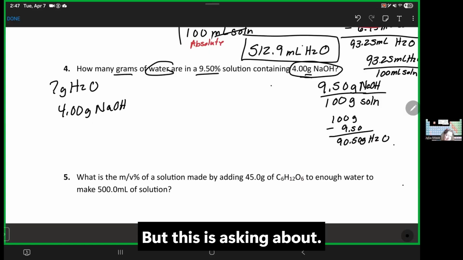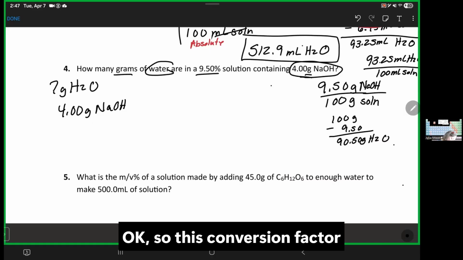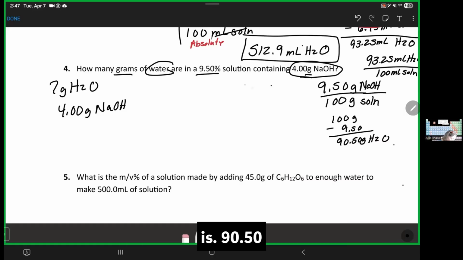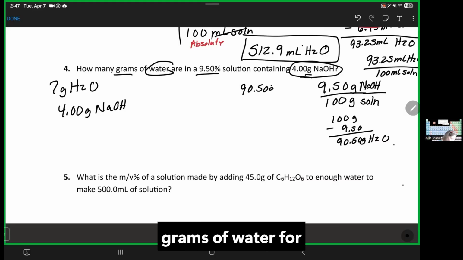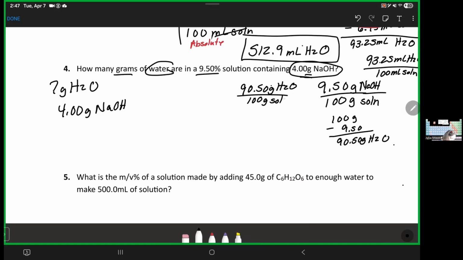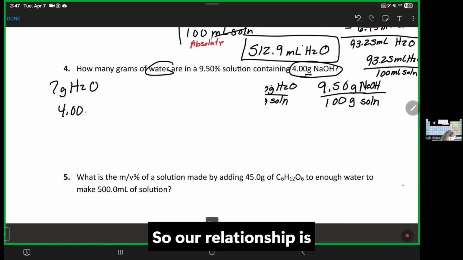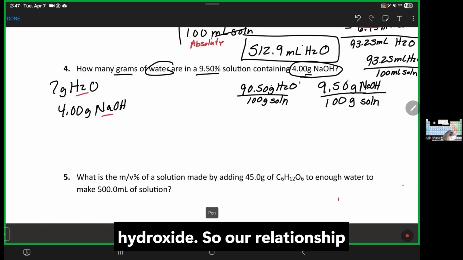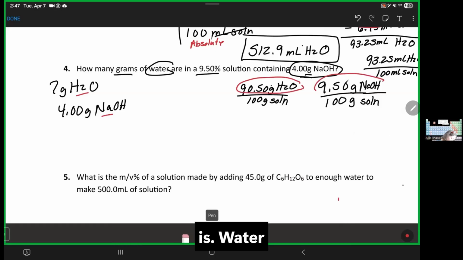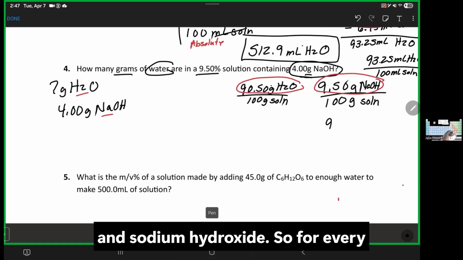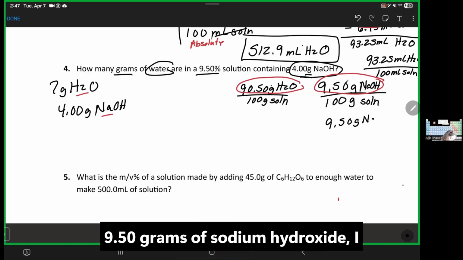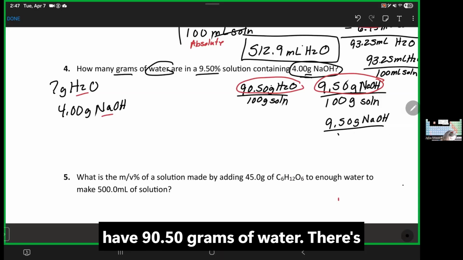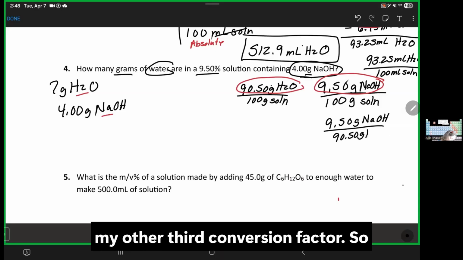So this conversion factor is 90.50 grams of water for every 100 grams of solution. So our relationship is between water and sodium hydroxide. So for every 9.50 grams of sodium hydroxide, I have 90.50 grams of water.